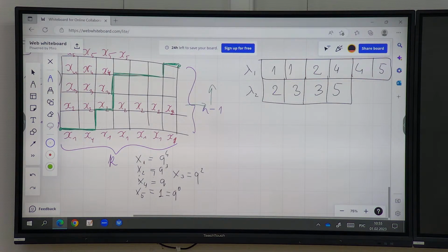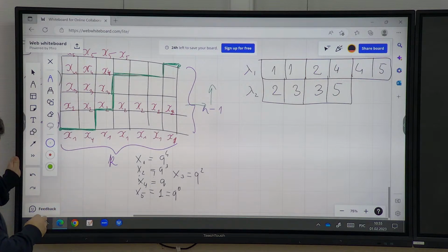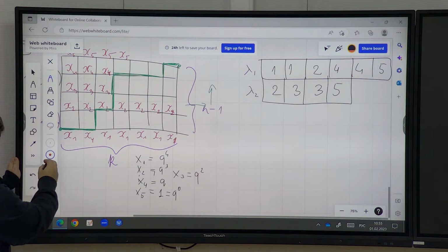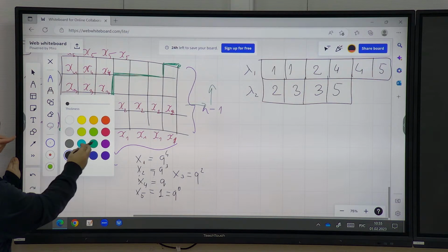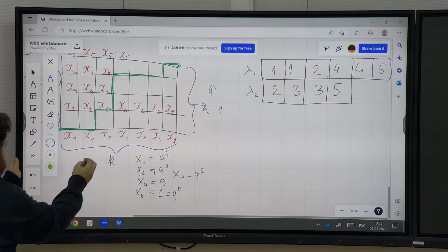So what happens if we draw a path corresponding to this 2, 3, 3, 5 in this picture, let's see. Maybe some color, yes? Let's take purple.